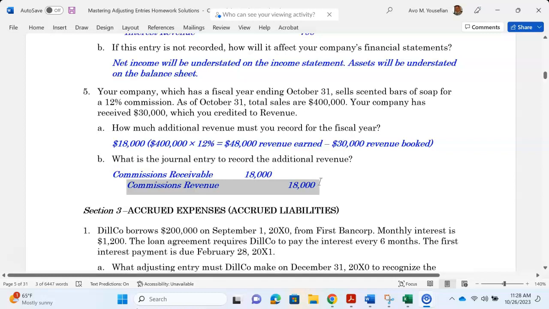That means your retained earnings will be also understated in the balance sheet. So eventually your asset will be understated in the balance sheet, and your retained earnings will be also understated in the balance sheet.